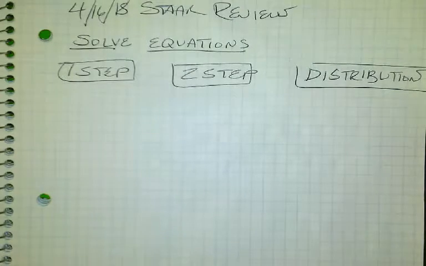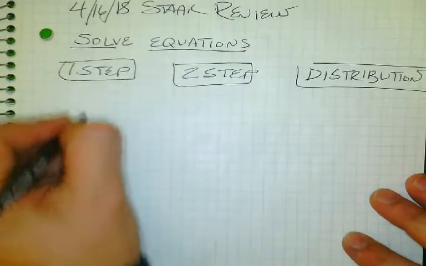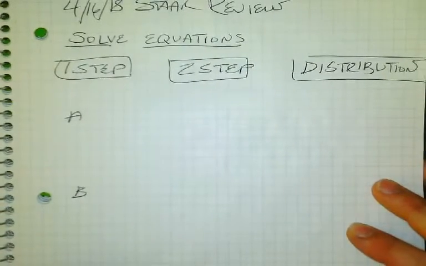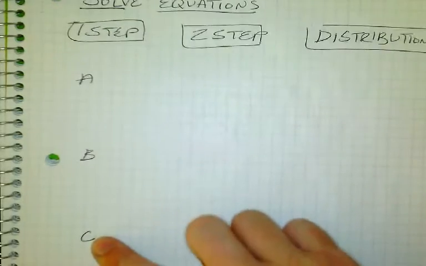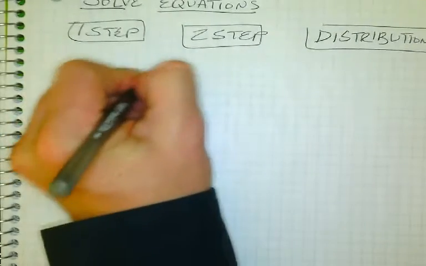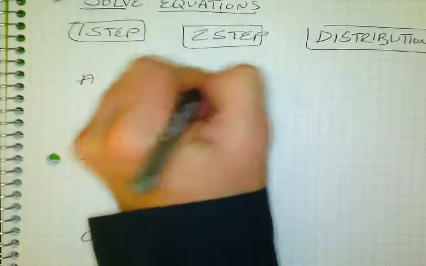All right, quick 3 examples here. Let's do maybe an A, a B, and a C down your paper here. A, B, and C. Make A, x plus 14 is -5.